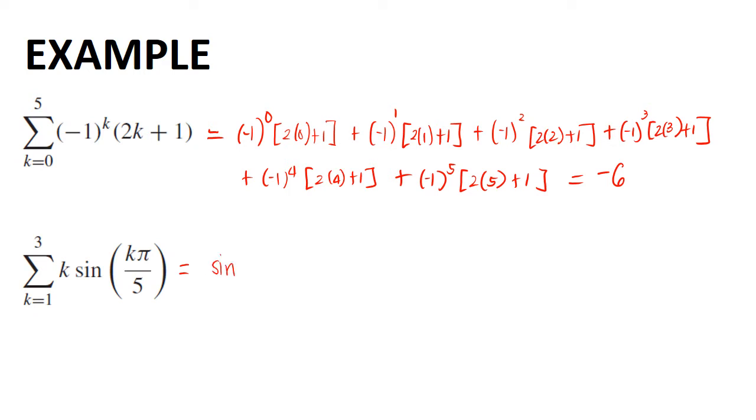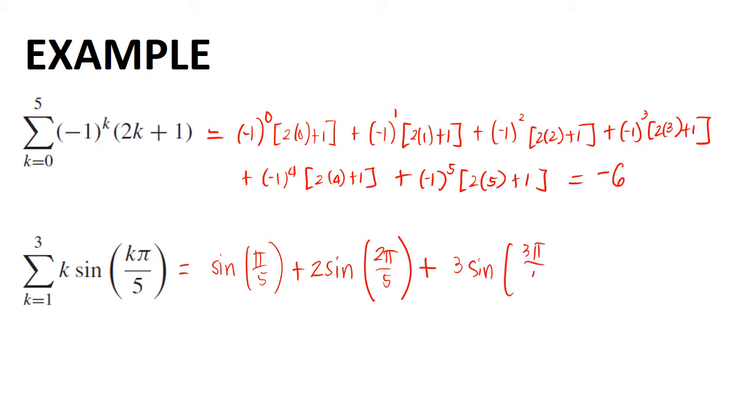So we get sine of pi over 5 plus, meron tayong 2 dito sa labas, 2 sine of 2 pi all over 5 plus 3 sine of 3 pi all over 5.